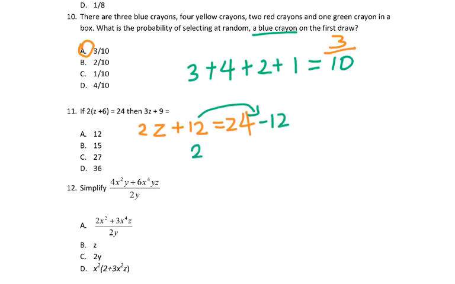You will get 2z equals 12. Therefore, z equals 6. Then you plug in 3z plus 9. 3 times 6 will be 18. Plus 9, you will get 27. Therefore, C will be your answer.